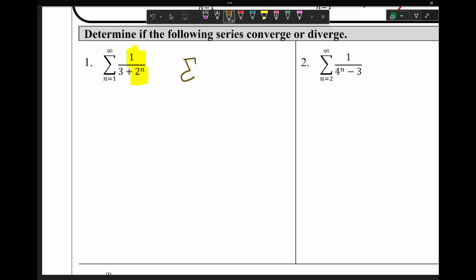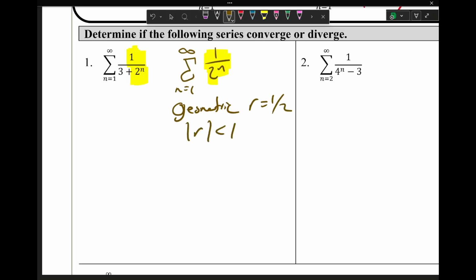So if I'm doing the comparison test, if I just look at this part of it, 1 over 2 to the n, that is geometric, where r is a half, and since the absolute value of r is less than 1, it converges or diverges? Converges. Okay.